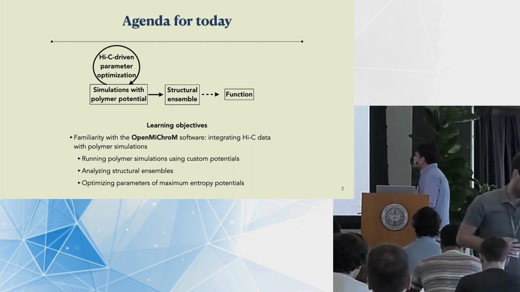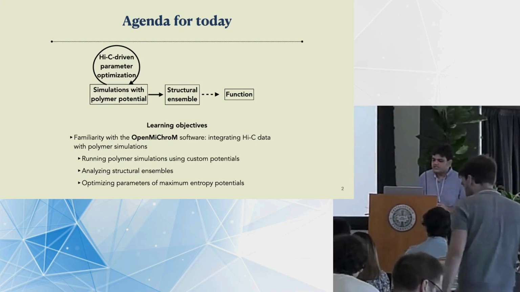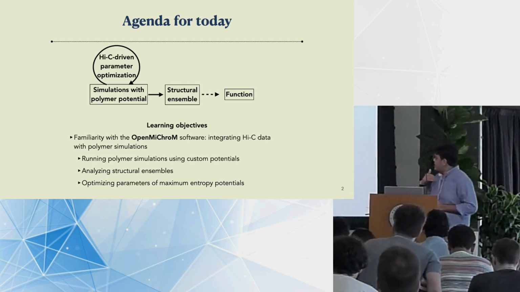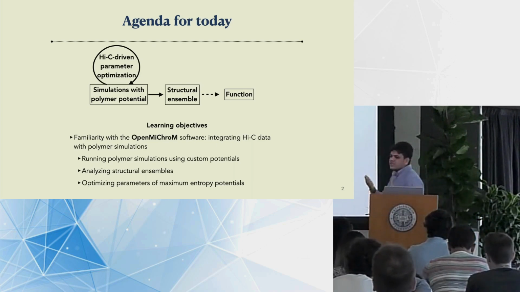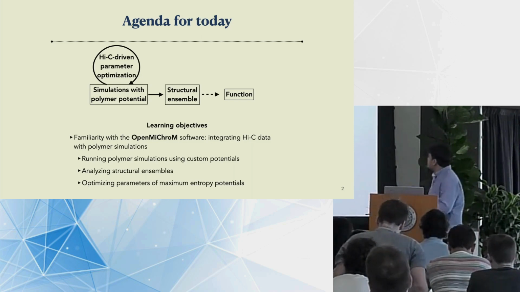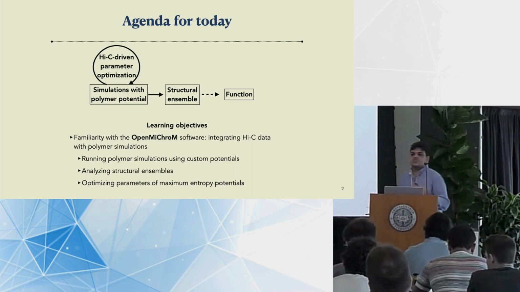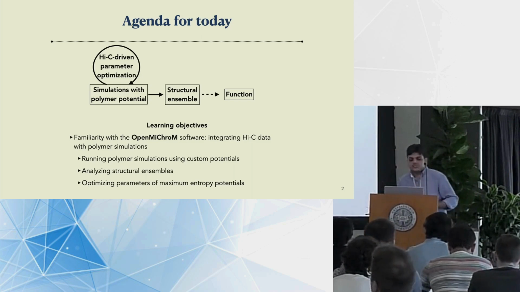So how do we go from structure to function? That's not something we will exclusively go into, and there are many posters on how we are doing this. We will focus on the part where we generate the structural ensembles, and I'll give you some flavor of how we can get at function from these ensembles.